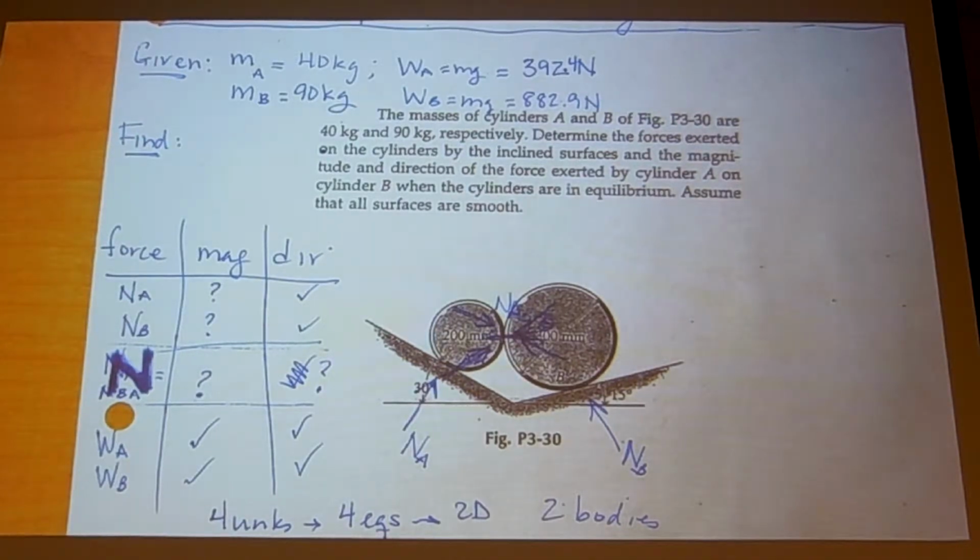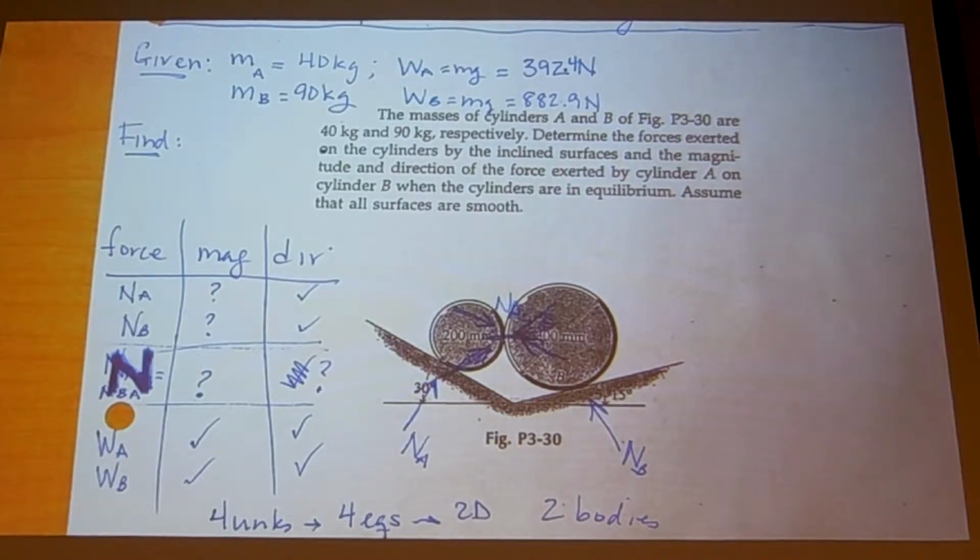But in the end, their value is the same, right? They're going to have the same magnitude, 20 pounds, or whatever it happens to be, right? So when you solve for it, whether you solve for N here or here, they're both going to have the same value. The magnitude is the same. That's correct. And the direction is going to be different. So in the problem, which one are they asking you for?